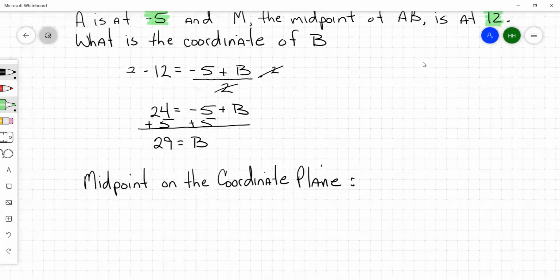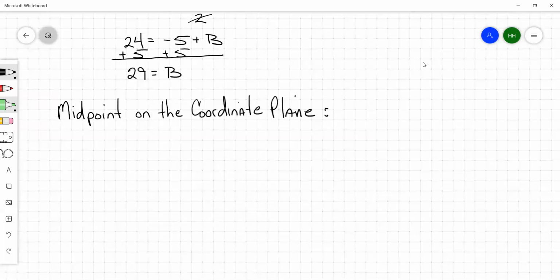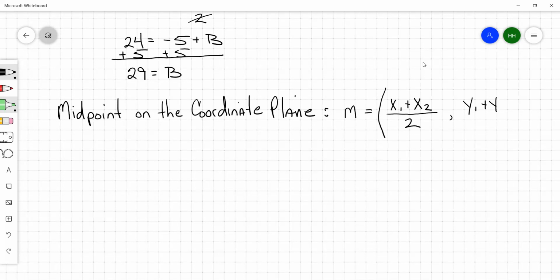When you're finding the midpoint on the coordinate plane, you have to find the middle of the X's and the middle of the Y's. So your midpoint is equal to, it's your X sub 1 plus your X sub 2 divided by 2. Because that's always how you find the middle of 2 points, right? And then you also have to find the average of your Y's. So your Y sub 1 plus your Y sub 2 divided by 2.